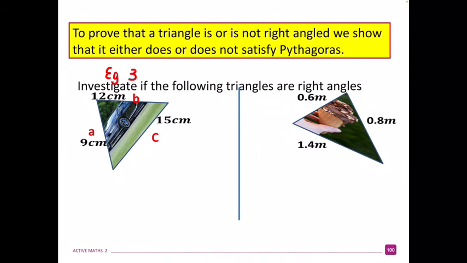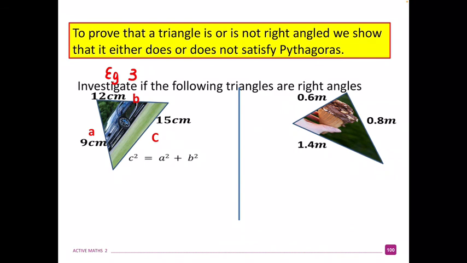To do this, we will label our triangle first. Call the longest side c and the other two sides a and b. We will then substitute these values into Pythagoras theorem and see if the left-hand side equals the right-hand side. Let's have a go.